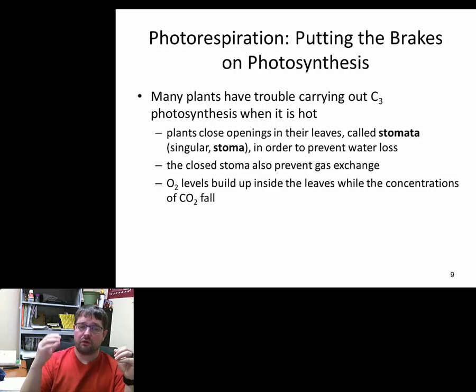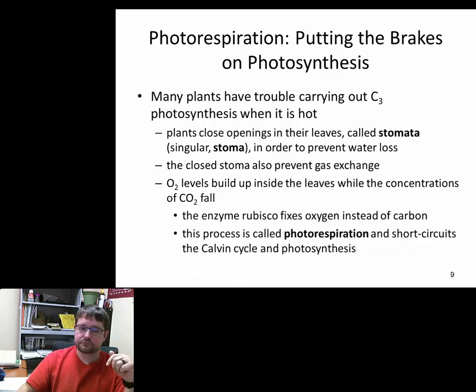So oxygen will fall in place of CO2, but it disturbs the whole system and it breaks the Calvin cycle. So you cannot allow oxygen to build up in the cells of plants, otherwise the Calvin cycle just falls apart. It doesn't work any longer. So you have to exchange oxygen for carbon dioxide.